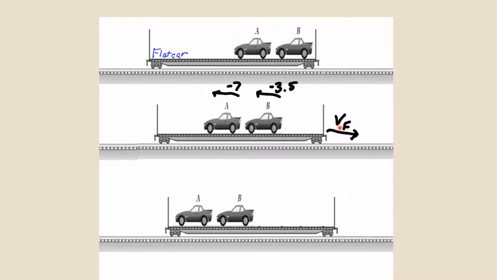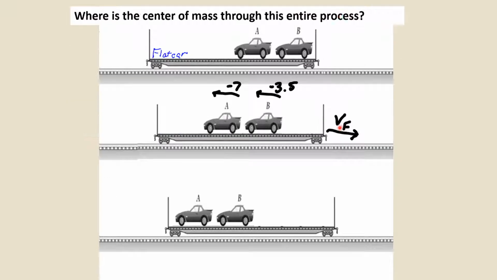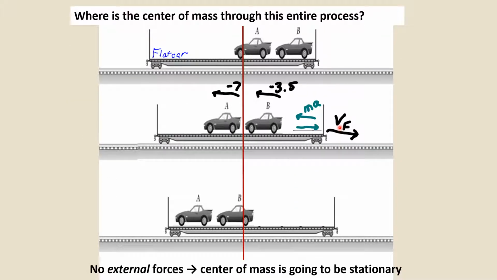Now remember, there are no external forces in the system. So if there are no external forces and the initial velocity of the center of mass is 0, and nothing external changes that 0 velocity, the center of mass of the system is going to stay put. It's going to have a 0 velocity through the entire process.